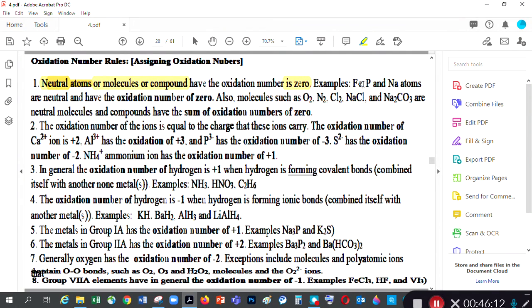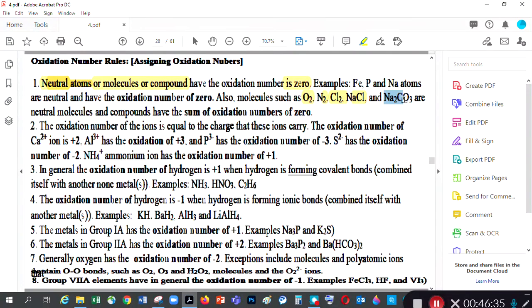For example, if I have iron, phosphorus, sodium by themselves, as atoms sitting in the chemical reaction like this, they have oxidation number 0, correct? Also, all molecules, such as oxygen, nitrogen, chlorine, sodium chloride, the sum of the oxidation numbers is 0.